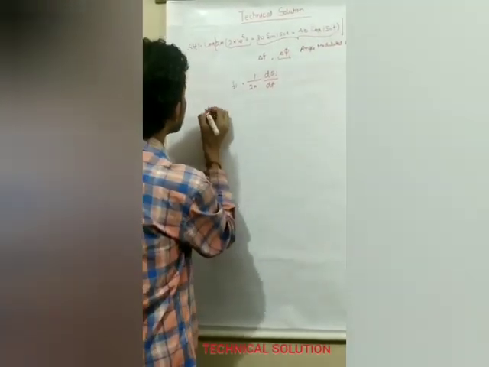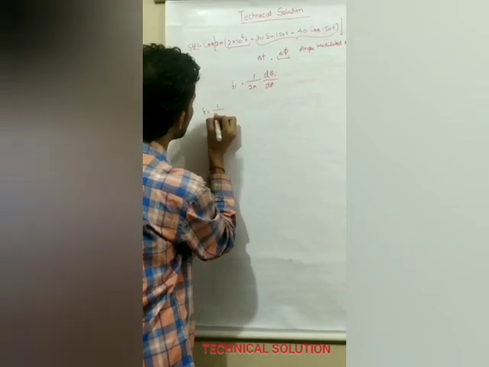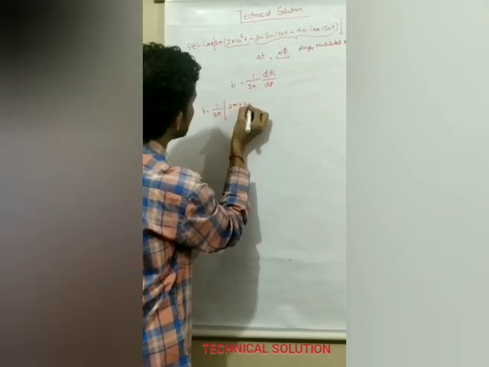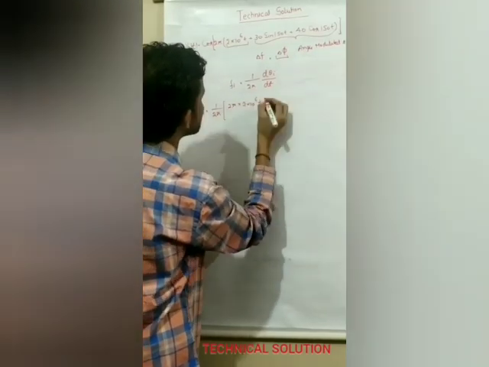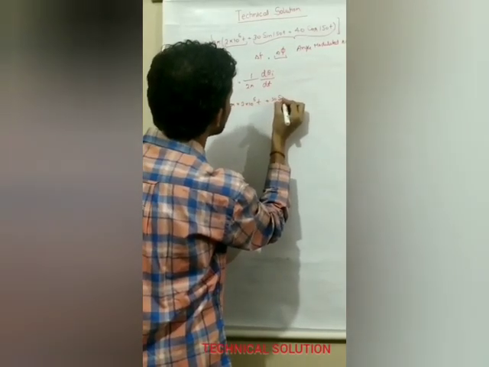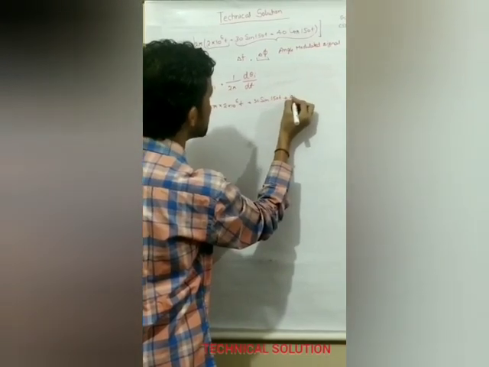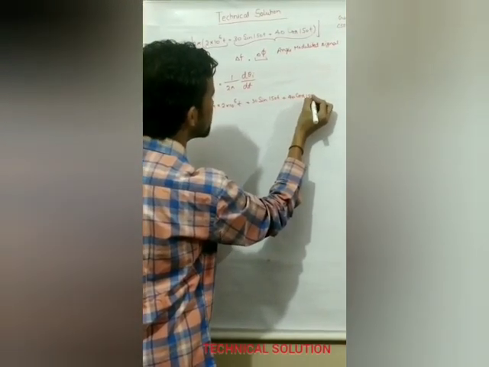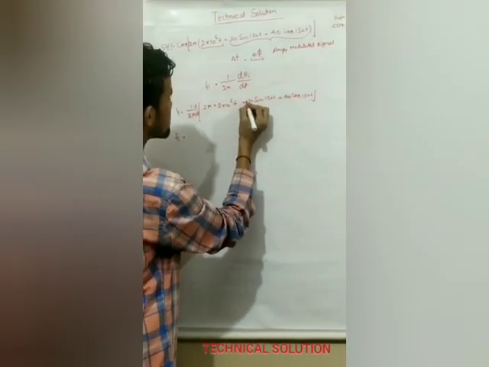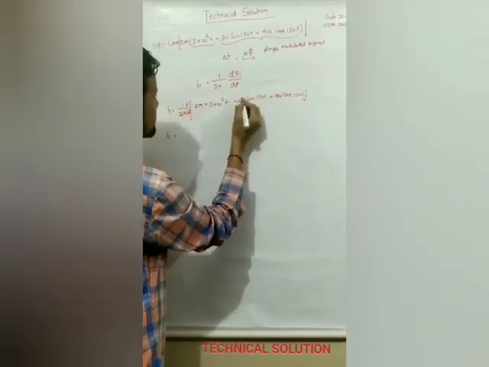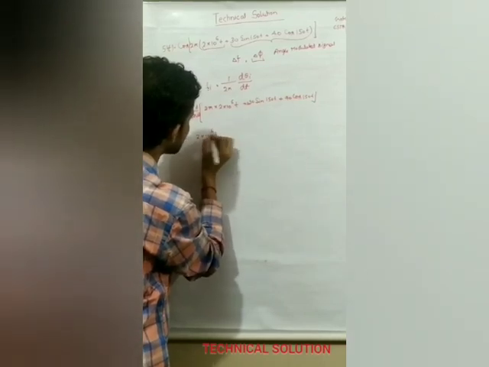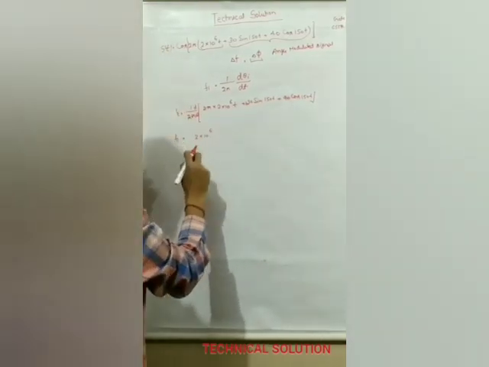Then fi is 1 upon 2π times d/dt of (2π·2×10^6 t + 2π(30 sin 150t + 40 cos 150t)). If you multiply the 2π inside, it cancels with this 2π, and the differentiation of this term gives 2×10^6, since dt/dt is 1.